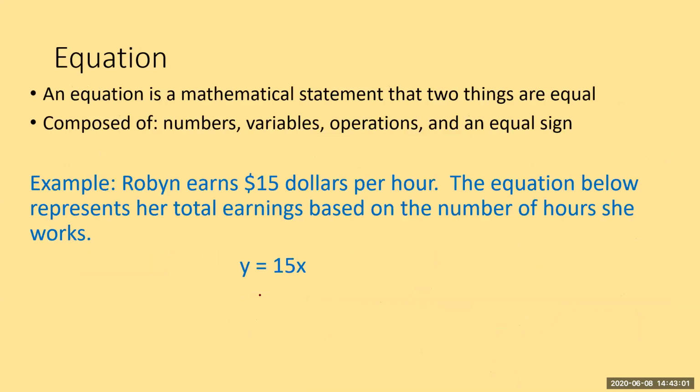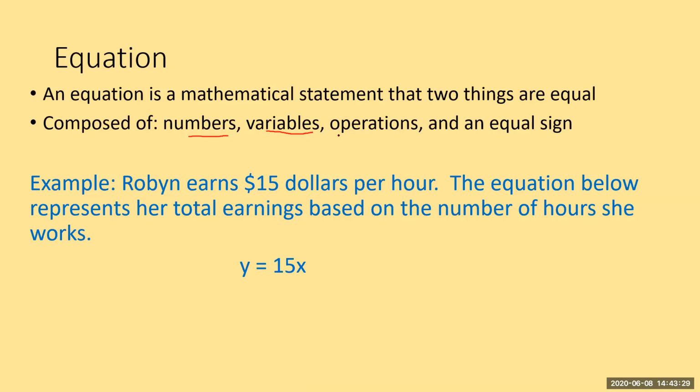Okay, so on the last page, I used that word equation a few times. An equation is a mathematical statement that two things are equal. So basically, anytime you are using an equal sign, that means you've got an equation. So an equation is typically made up of numbers, it could have variables, those letters that stand for unknown or changing amounts.